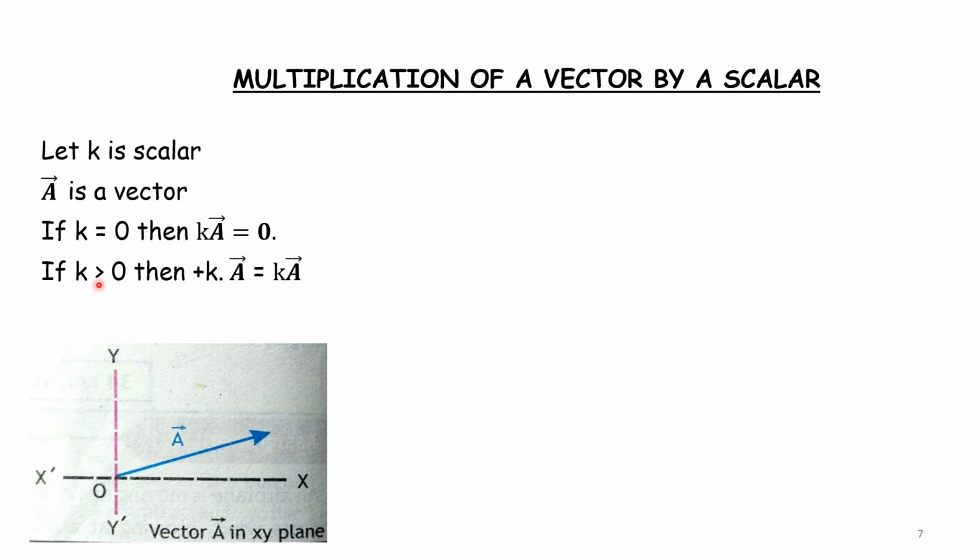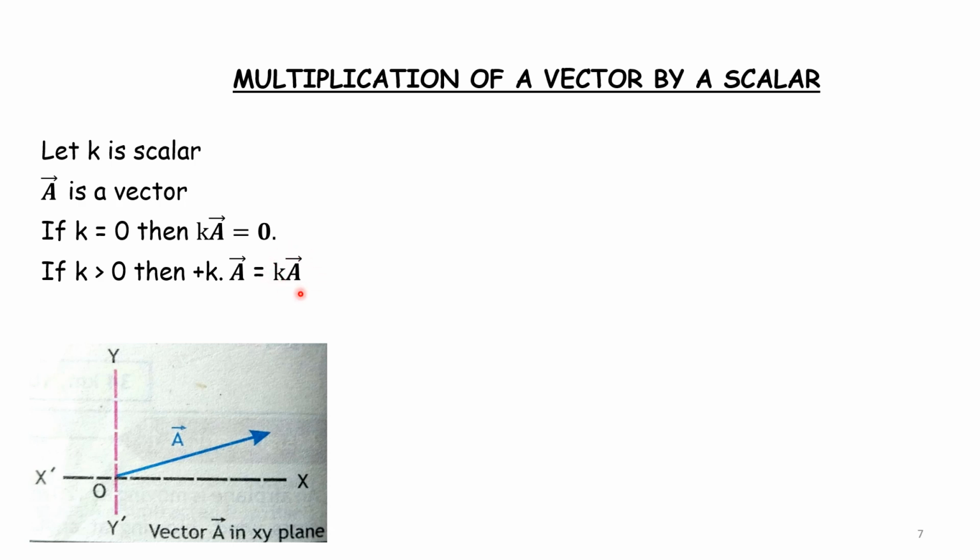And if you are multiplying by a scalar greater than 0, it means it's a positive number. Anything greater than 0 is positive and less than 0 is negative. So I have written plus k, meaning some positive number. It can be plus 2, plus 3, plus 5, plus 100, anything.